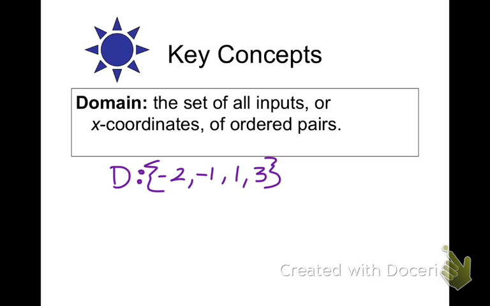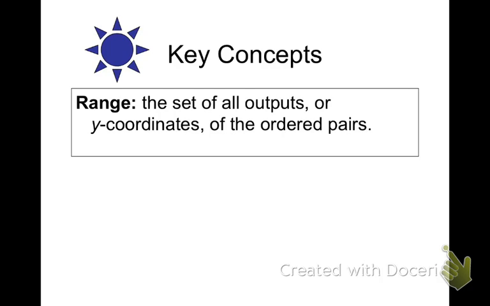Okay, so then what would the range be? What would be our definition for a range, I guess is what I'm asking. The set of all output values, or the y coordinates of the ordered pairs.